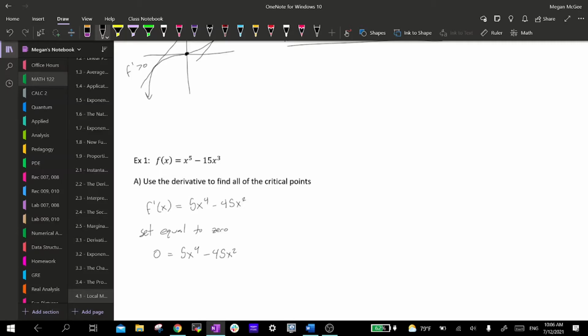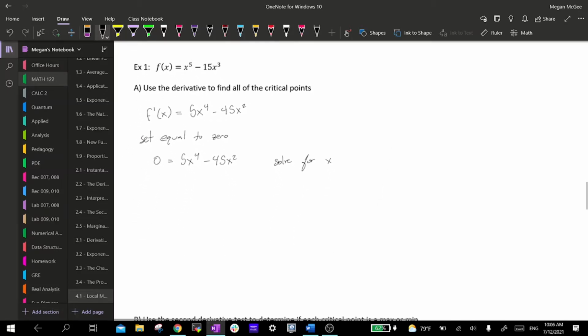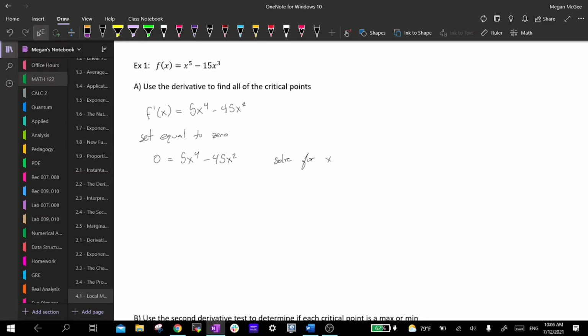All right, so we've now set this equal to 0, and now we're going to solve for x to find what values of x make this equation true. So let's go ahead and factor. What can we pull out of here?